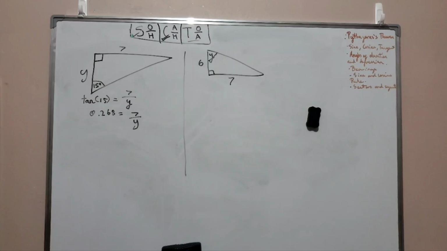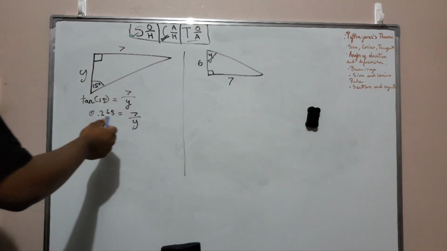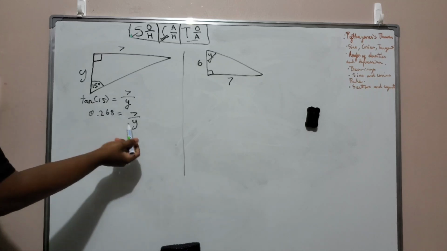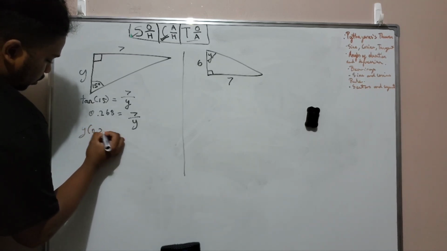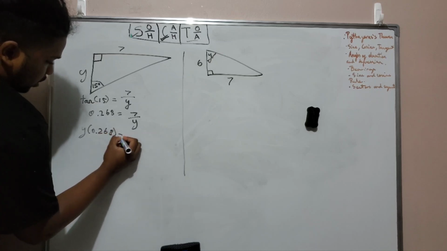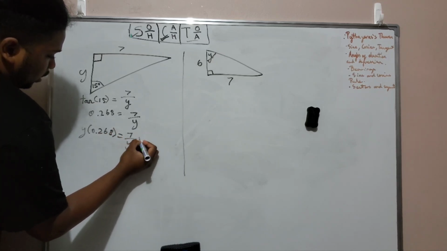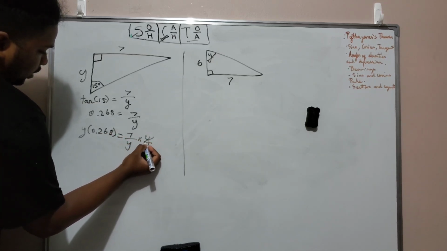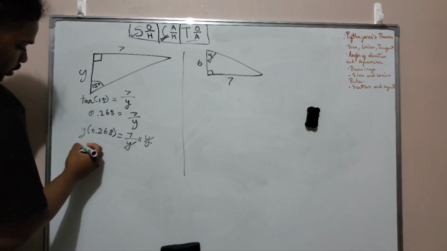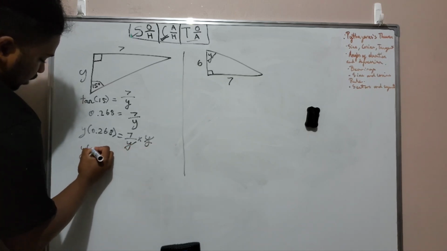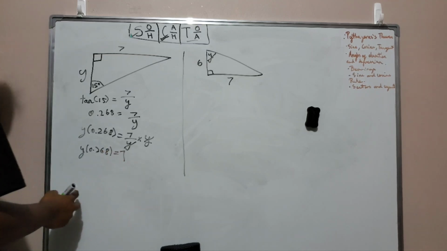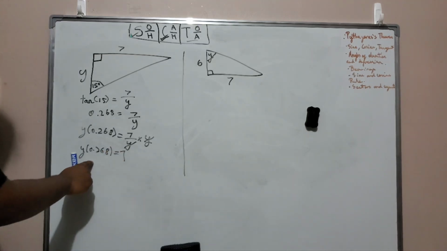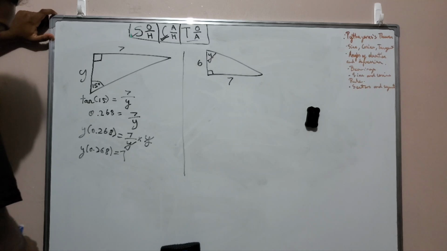Right? Now, to solve for y here, we multiply throughout by y. So we get y times 0.268 is equal to 7 over y multiplied by y. This cancels, so we are left with y times 0.268 is equal to 7. So now we divide throughout by 0.268, so we get y alone.